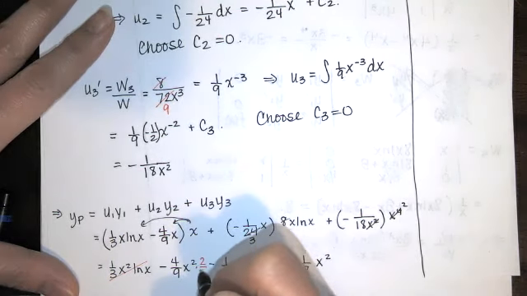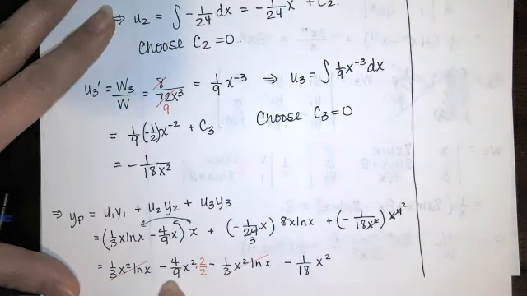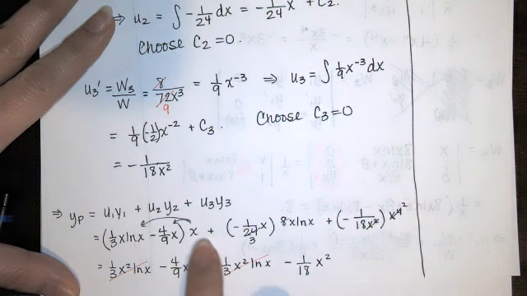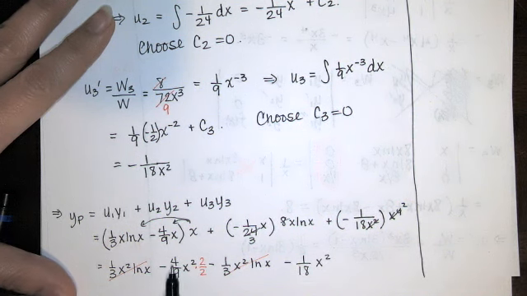Now in this one, we need a common denominator. I've got an x squared term here and an x squared term here. This one has a denominator of 9, that one has a denominator of 18. In order to make this an 18, I need to multiply by 2. That's fine, but I have to multiply the numerator by 2 as well, so I don't change the value of the fraction. So what I end up with is 9 times 2 is 18.